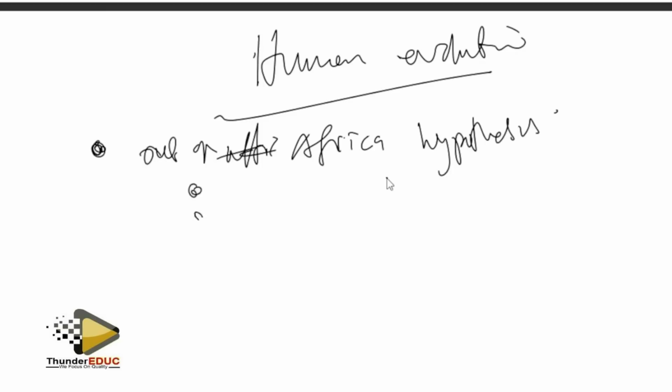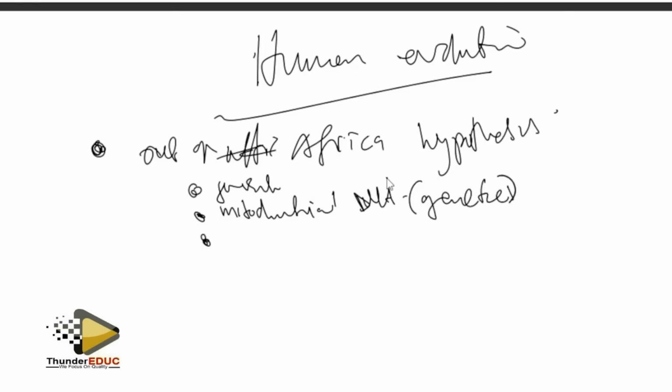Number 2, here you have to tell us the evidences. Evidence of that is fossils. You have to tell us the mitochondrial DNA. Sometimes you call it genetics. Then you have to tell us cultural evidence.